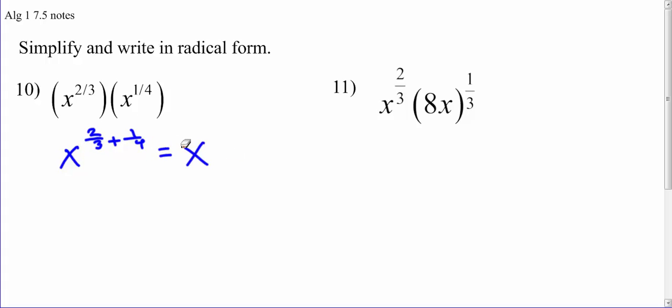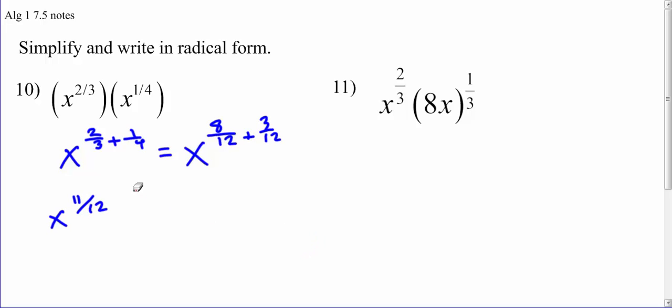Now you guys know how to do this because you've been adding fractions since about 4th or 5th grade, and so I'm not going to explain that process, but we need that common denominator, and in this case it's 12. We got 8/12 plus 3/12, and then finally we can add those together. We have x to the 11/12.